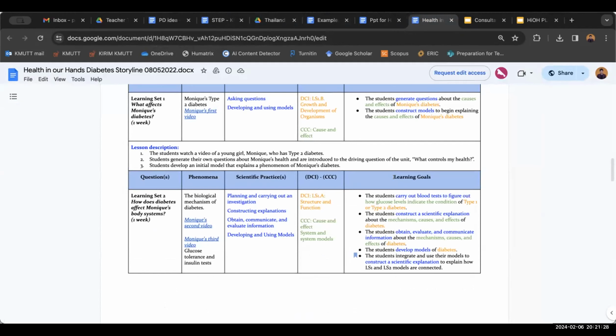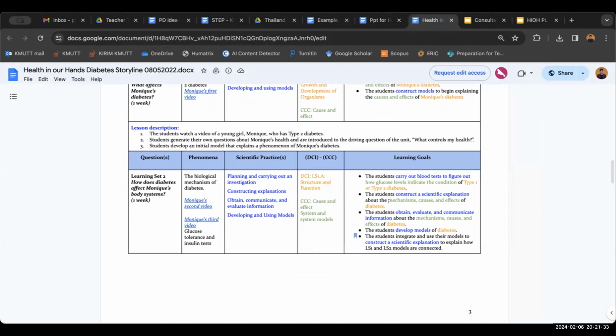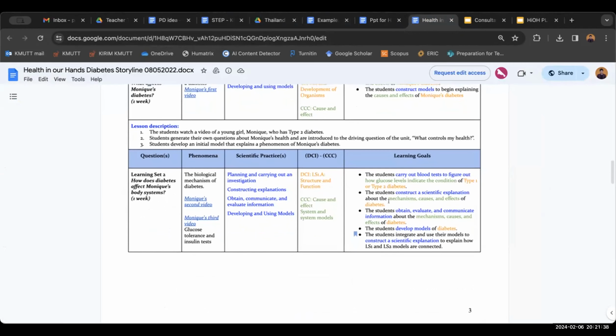No, the lab is simulated, because of safety hazards. We don't have the students actually prick their blood. So we built it into a story that Monique has to go to the doctor, and they want to do this test on her to see what her levels of glucose in her blood are.